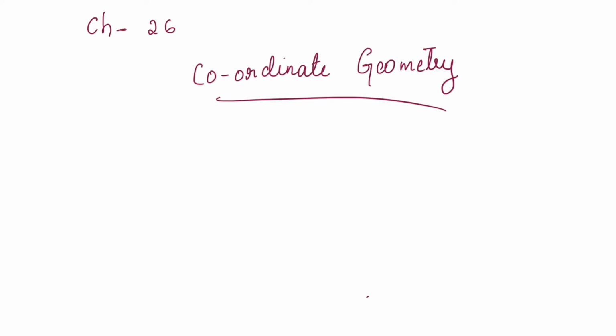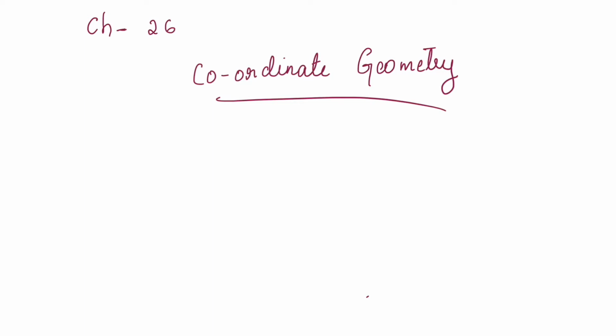What is coordinate geometry? Coordinate geometry is the branch of mathematics in which a pair of two numbers called coordinates is used to represent the position of a point with respect to two mutually perpendicular number lines called coordinate axes.